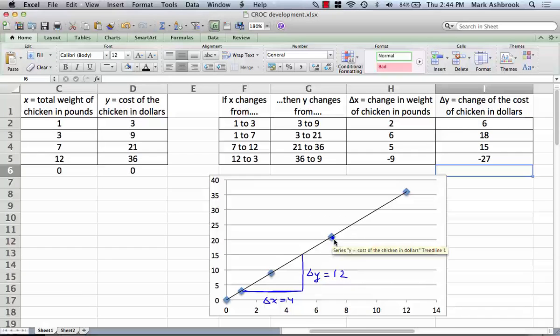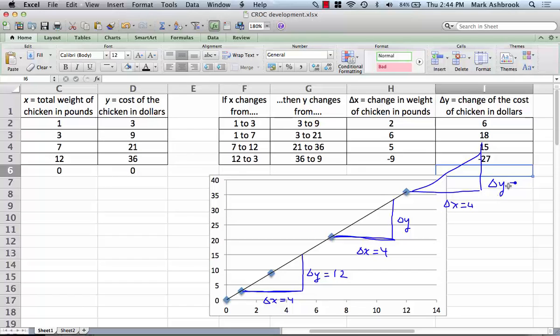Okay, but now starting at 7 pounds, I'm going to increase by 4. Still an increase of 12. And then starting at 12 pounds, I'm going to increase by 4. Still going to go up by 12. Okay, so what we're saying here is, if you have equal changes in one quantity, what will that result in? A consistent change in the other.